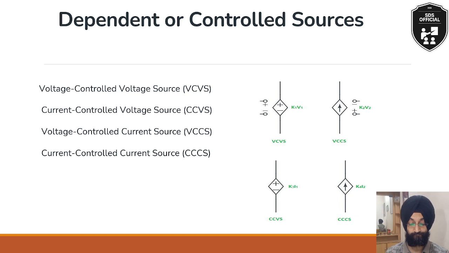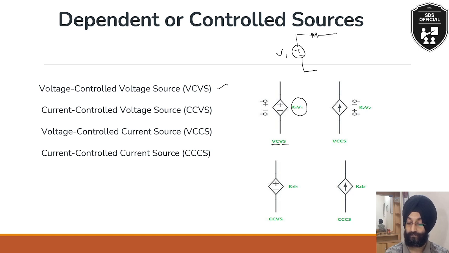Okay, so these are the symbols for voltage controlled voltage sources, voltage controlled current sources, current controlled voltage sources, and current controlled current sources. So this is voltage controlled voltage source. So voltage controlled means its output is dependent on some primary input. Now how this comes into play, let us say you are having a circuit and this is an independent voltage source V1.